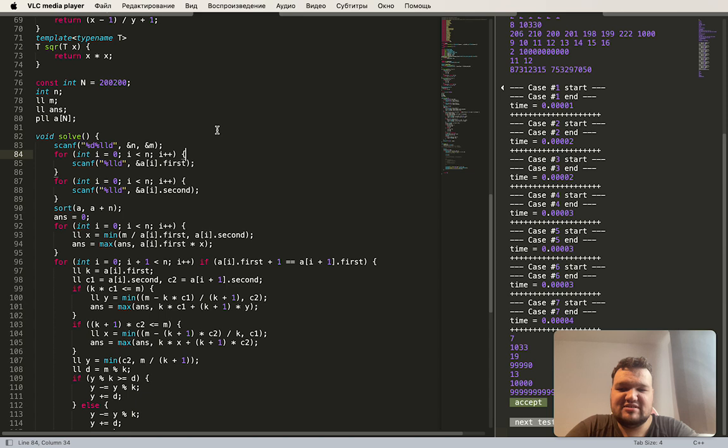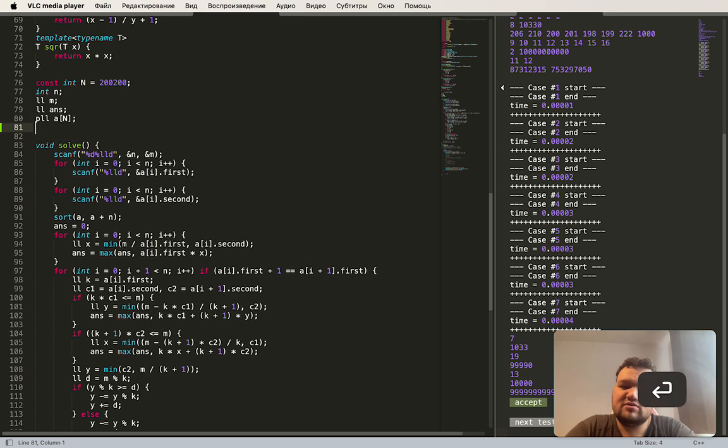So basically we need to compress coordinates. There are different ways to do that. You can use like std map, but I will just read it in another array, sort it, and use pointers to find segments of equal elements, and then put them here.